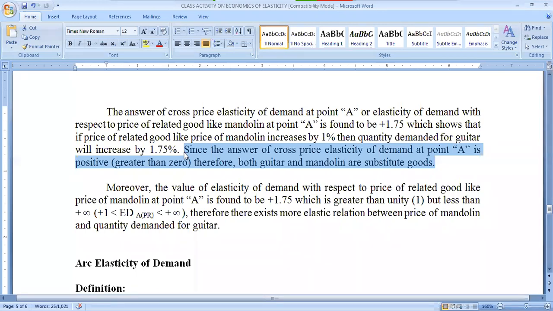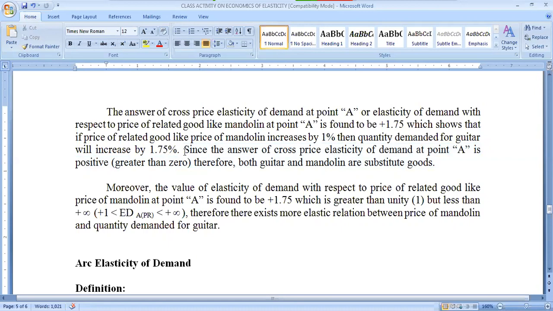As I've explained earlier, goods are said to be substitutes if the cross price elasticity of demand for such goods is positive, but the cross price elasticity of supply for such goods is negative, right? So two goods are said to be substitutes if the cross price elasticity of demand for such goods is positive. In our case, the cross price elasticity of demand is positive 1.75, which is greater than 0.